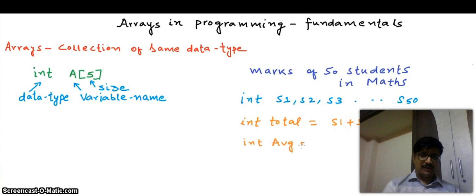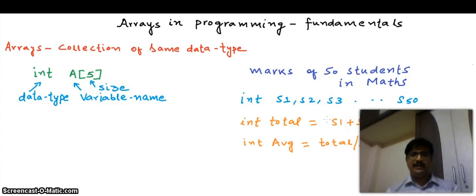And average would be total divided by 50. But what if we had 500 students or even more? It would be very unmanageable to declare 500 variables and use them in our statements.